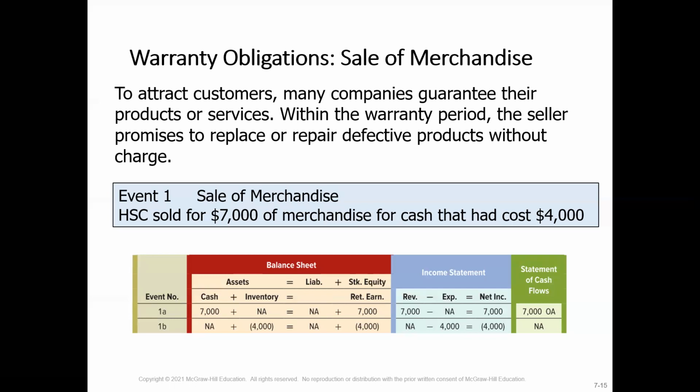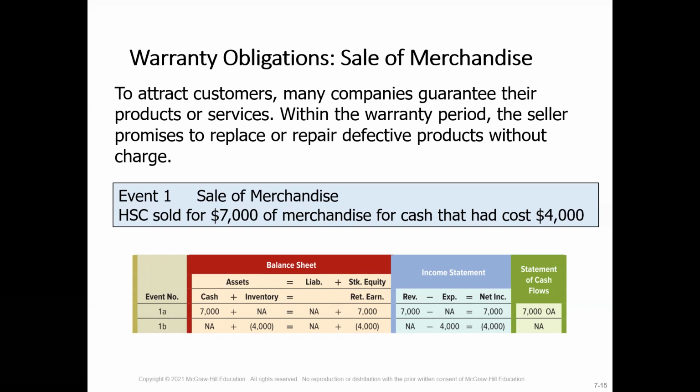So we do a little example of a warranty here, pages 251 to 252. The first event on the bottom of 251 is selling merchandise to the customer at a cost of $4,000. Going back in the material a couple of chapters, this would have been chapter 3, I believe, that had the discussion about accounting for sales transactions.